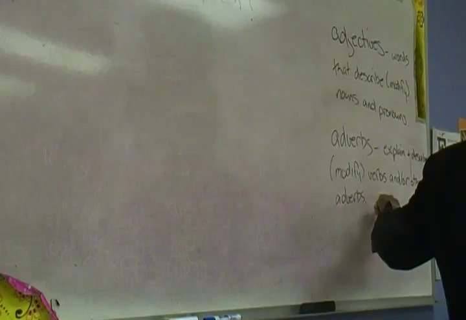Speaking softly. So that describes how I'm speaking. That's modifying the verb to speak. I fooled you. Okay, that's what it is. All right. So softly, you're going to find that in English.